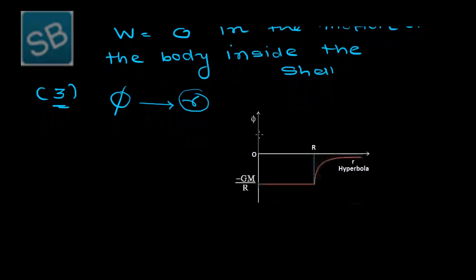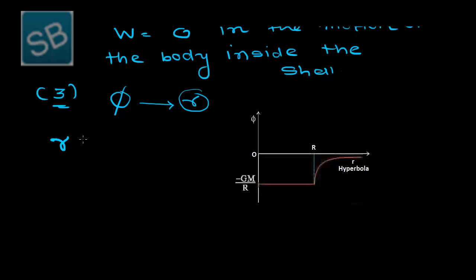So here you can see the graph from the origin, the distance is capital R, meaning this is the radius, and the gravitational potential is minus GM over R inside the uniform shell, and you can see at all points the value of gravitational potential is the same.